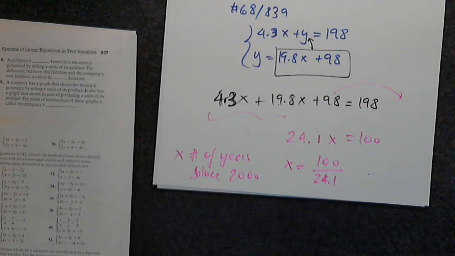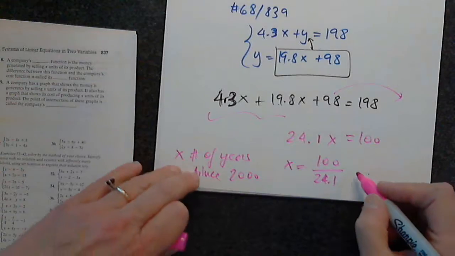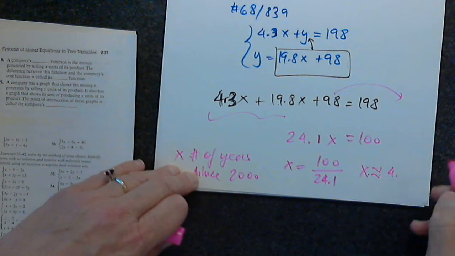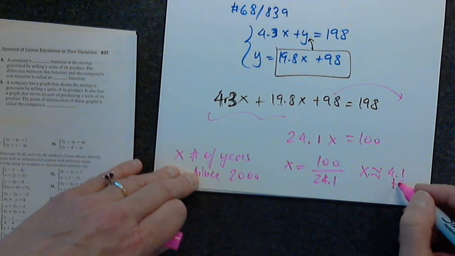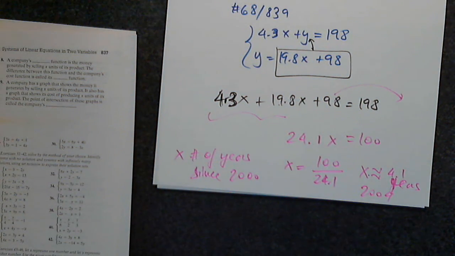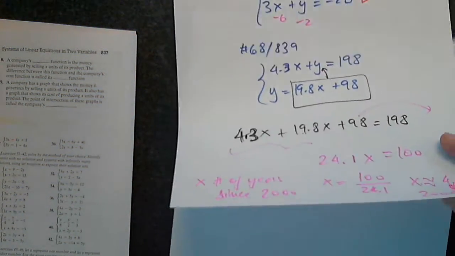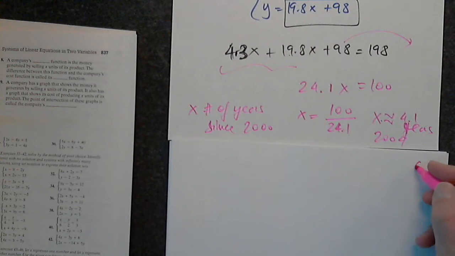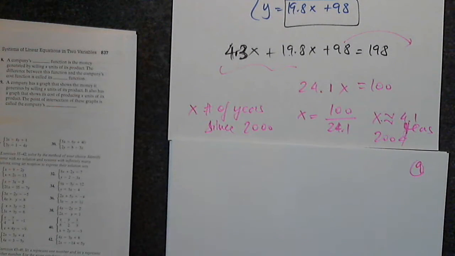So what did we get when we divided 100? 4.15 approximately. Okay, so if x is approximately 4.1 years, then we will say indeed 2004. But this is good, but we are not finished, right? So what do we have to do next?